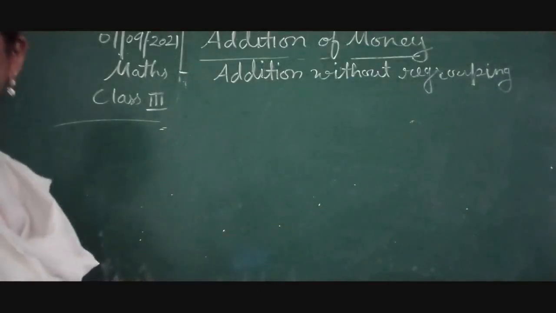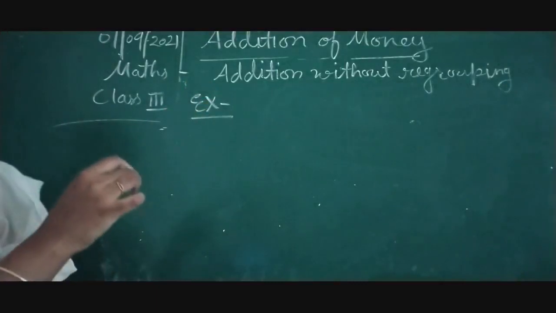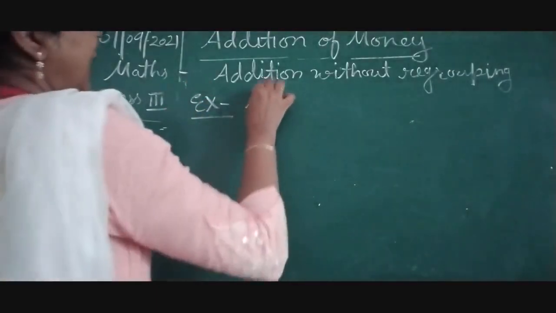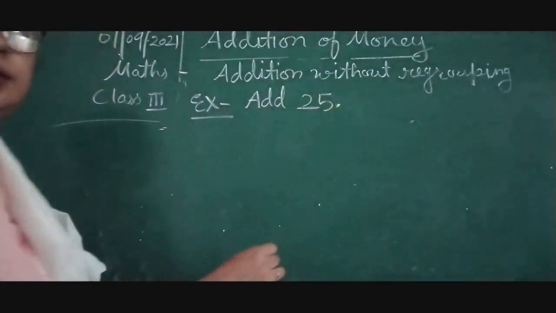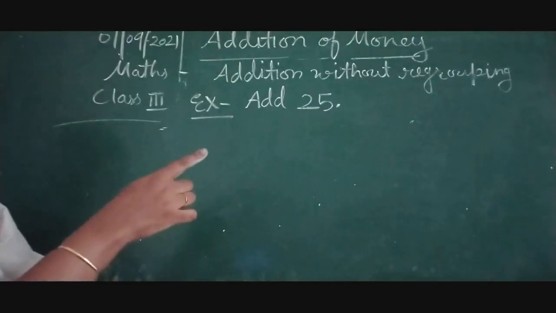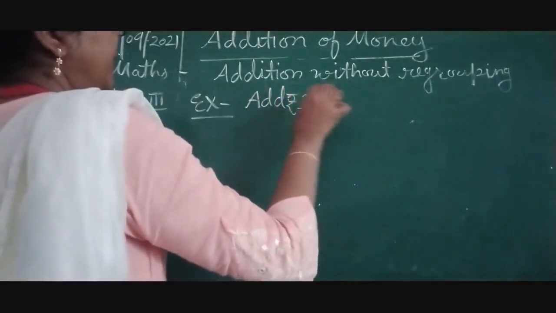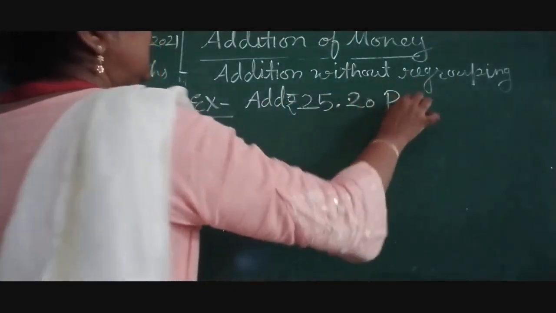So here children, let me give you an example first. If you are going to add rupees 25 point, it means rupees 25 and 20 paise, children.